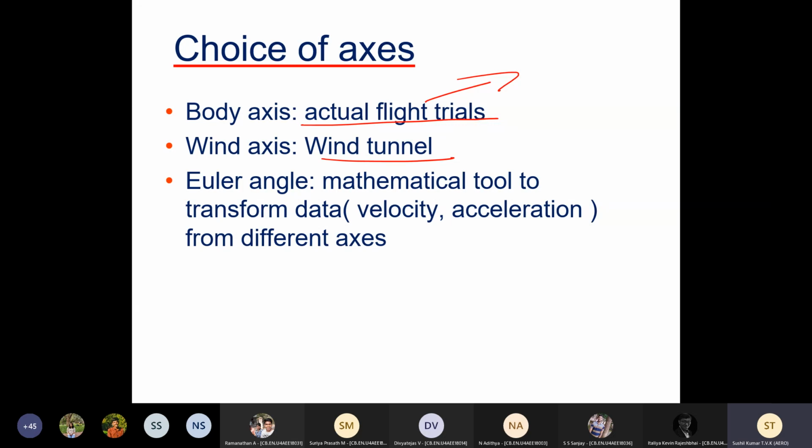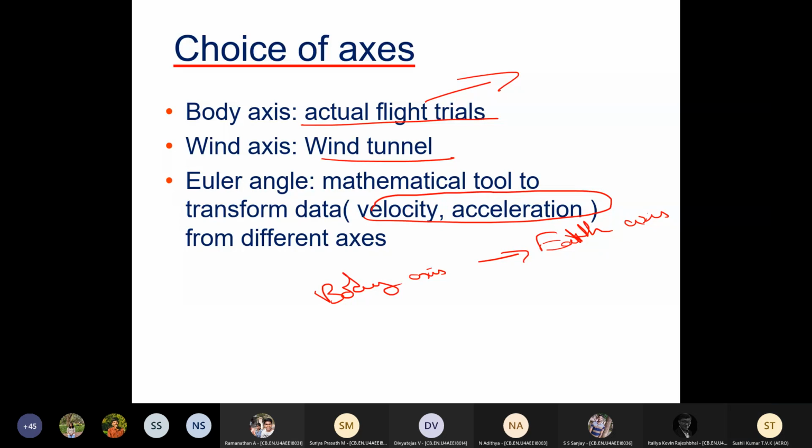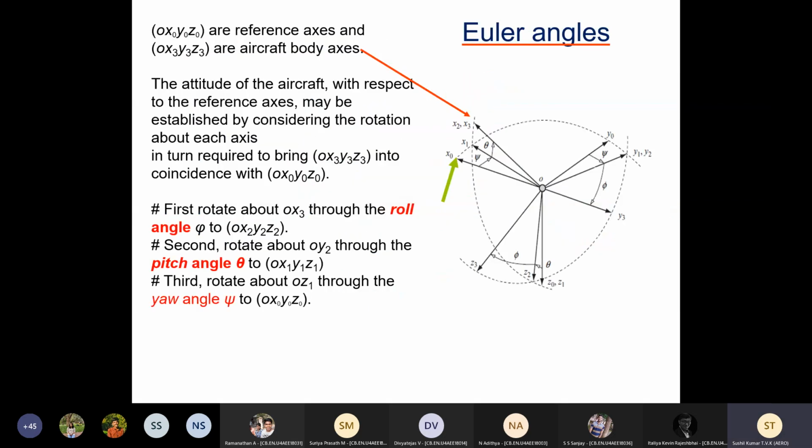Now, the Euler angle is nothing but how you convert this data. Some data is coming from the body axis, but we want to change from body axis to the earth axis. So Euler angle is just a tool to convert from one axis system to the other axis system. Again, this is just a repetition of your flight mechanics.